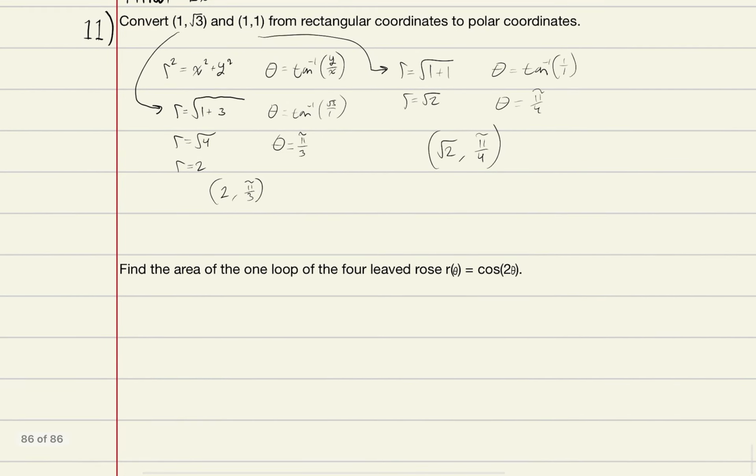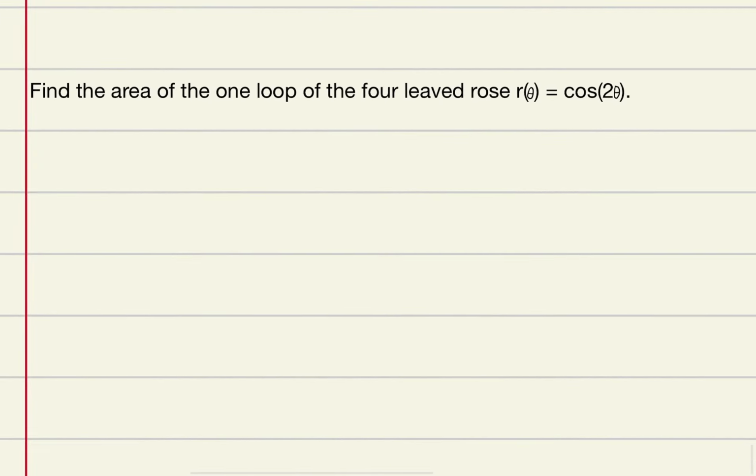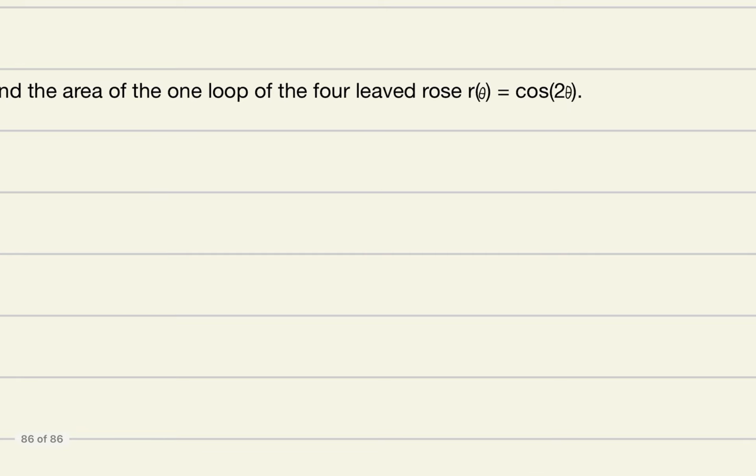Next, for second part of 11, we have to find the area of one loop of the four-leaved rose. r is equal to cosine 2 theta. So we know whenever the coefficient in cosine is even, that means the leaves will be double, and we already know that from this four-leaved rose right there.